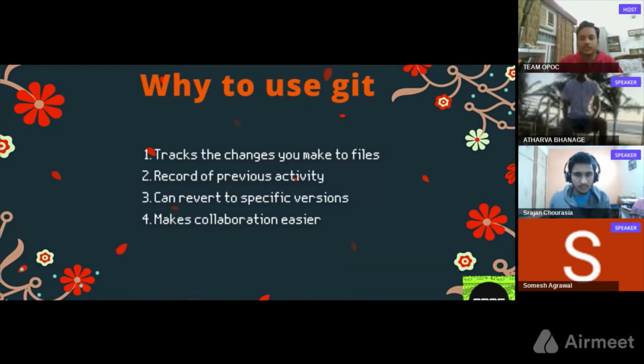It also makes collaboration easier. In big communities, all the developers use Git. In companies, not one person is working on a project. Tens or hundreds of developers are working simultaneously, so it helps collaboration better.